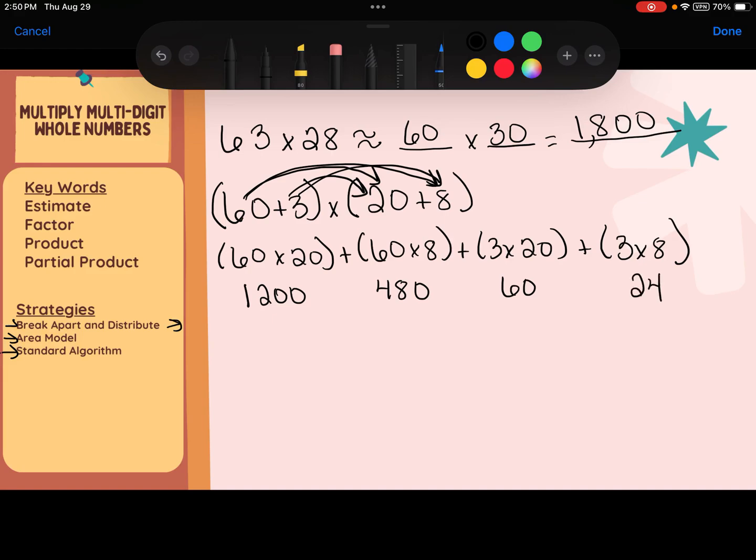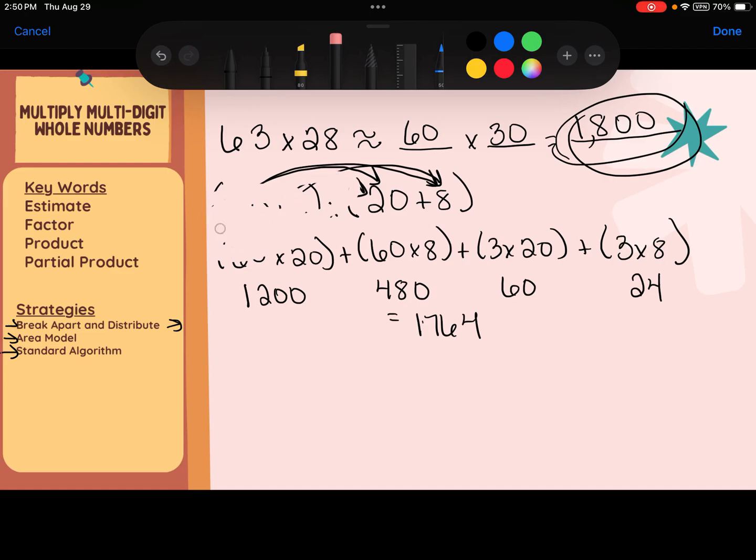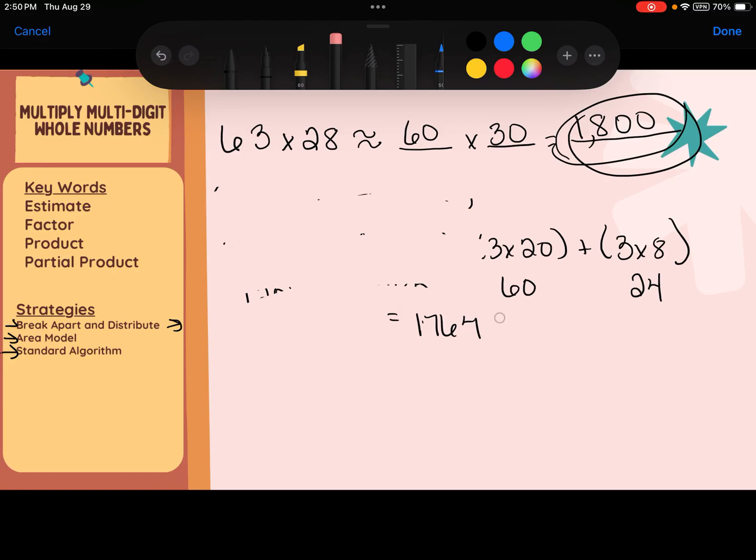Now that product is reasonable because it is in fact close to our estimate of 1,800. So that's the break apart and distribute method. Now this is not a method that we use a whole lot in 5th grade, but it is one that students should be familiar with, as they could possibly see it on a test as one way in which to solve a long multiplication problem.